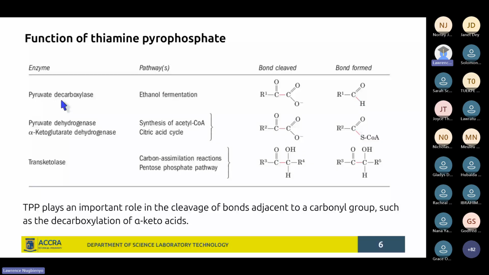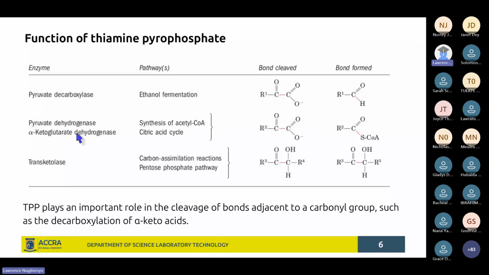Another example you see is with pyruvate dehydrogenase. And also you have the alpha ketoglutarate dehydrogenase. And we did see what dehydrogenases were the last time. Dehydrogenase, that's a synonym for oxidoreductase.